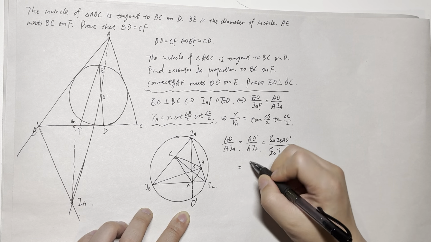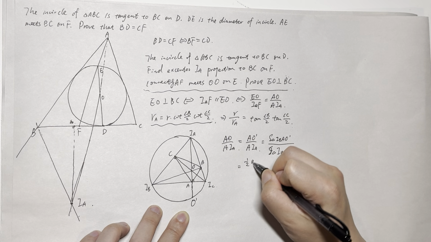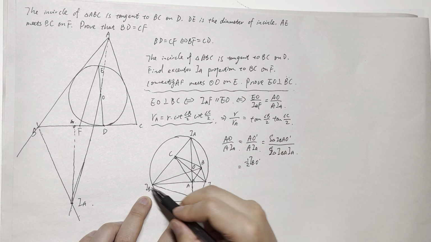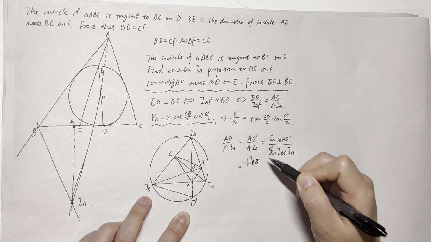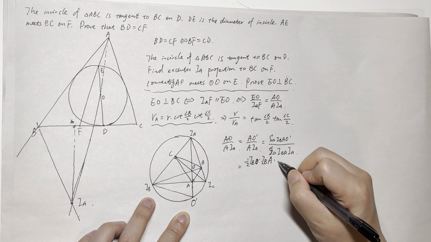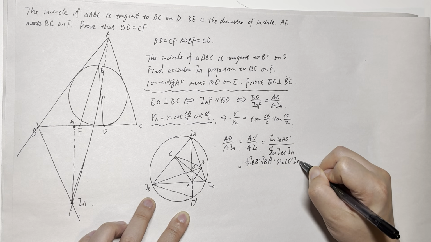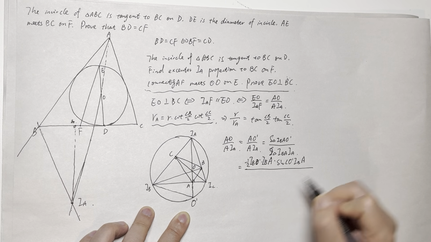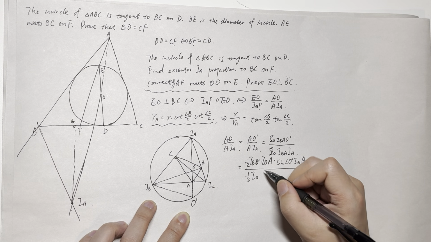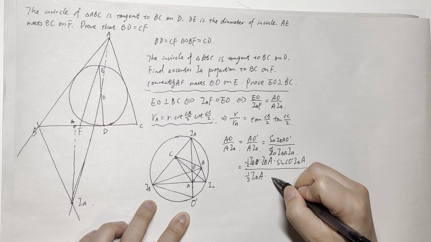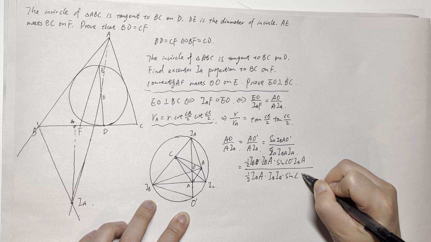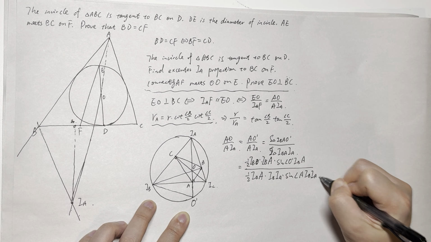And it equals half of IBO prime times IBA times sine angle O prime IBA, over half of IBA times IBIA times sine angle AIBIA.